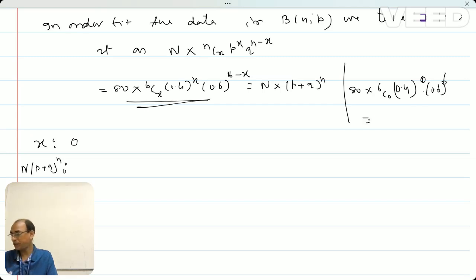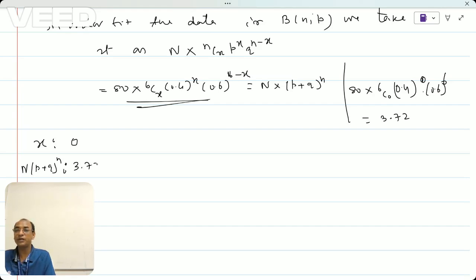If you simplify it, you will get approximately 3.72. So that value I will put here, 3.72.